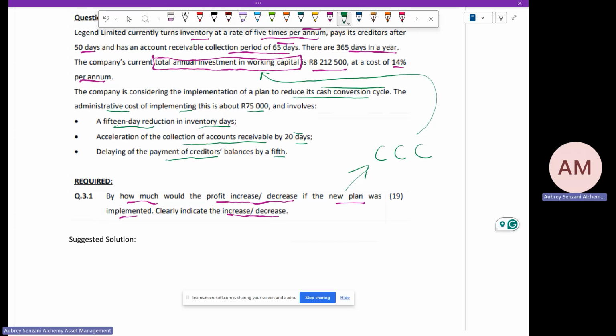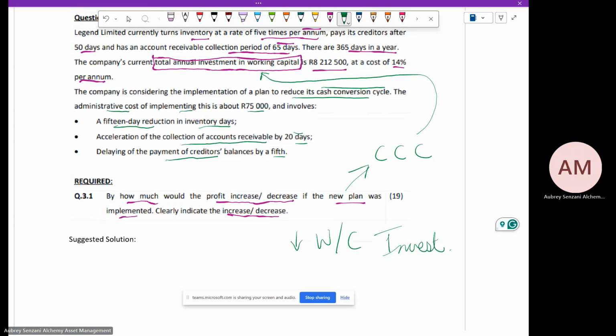The number of days we have invested in working capital. Can you see that? So we want to reduce our investment in working capital. That's the objective of this plan. Does that make sense? So we are trying to check a reduction in our working capital investment.